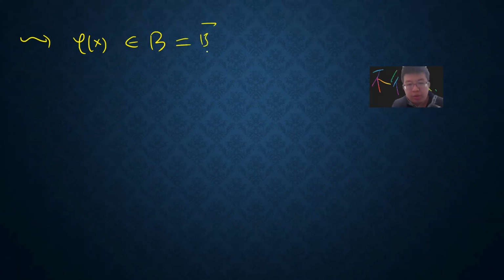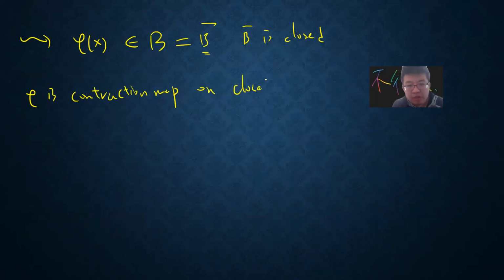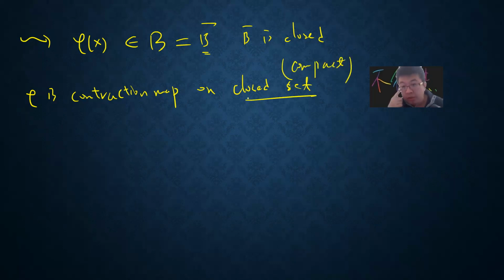B bar is closed, so phi is a contraction map on a closed set, which is complete because it is a closed ball. By the theorem of the contraction map on a complete metric space, phi has a unique fixed point.